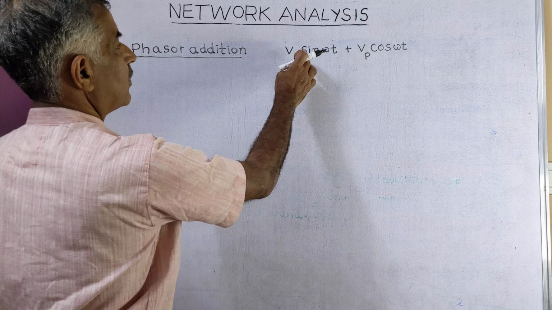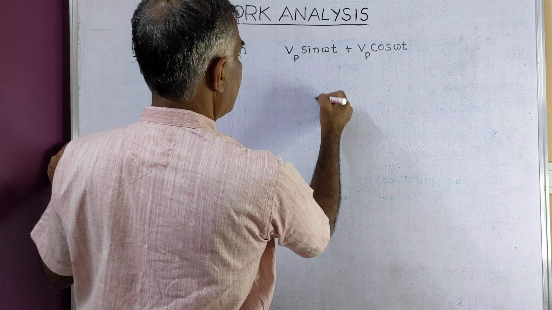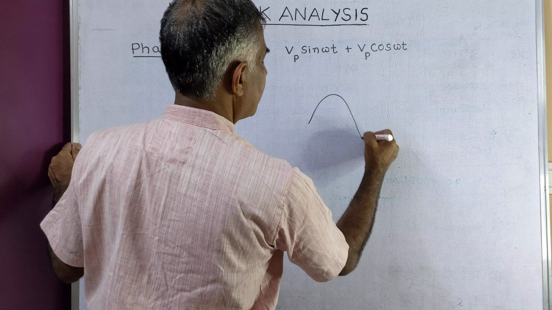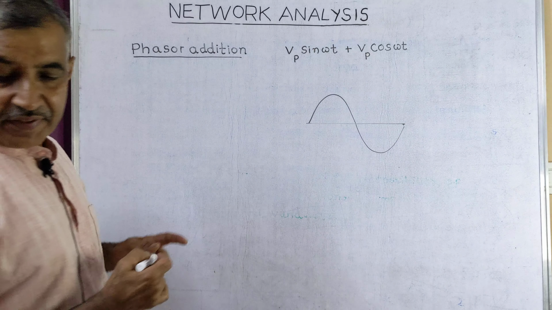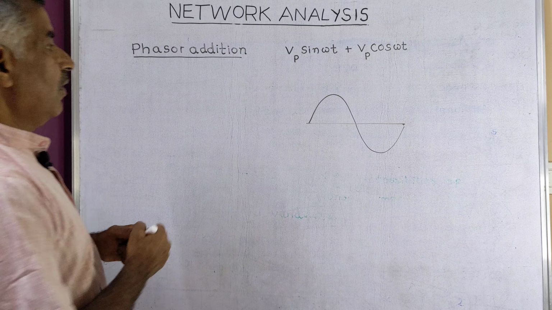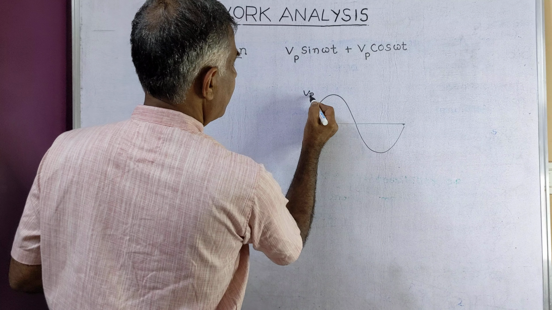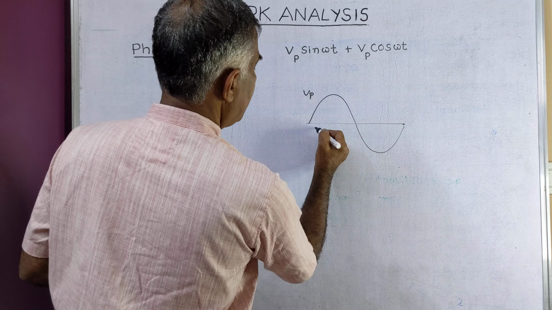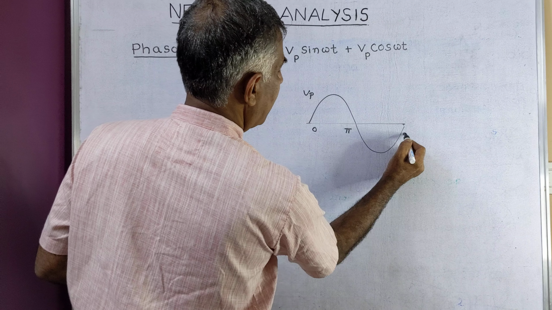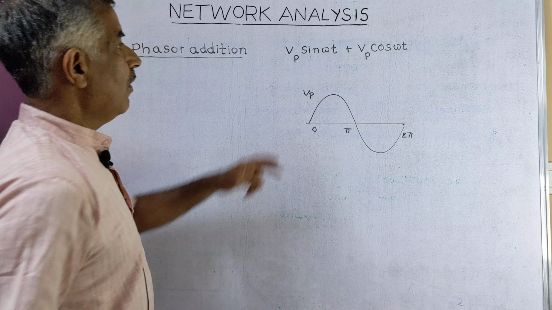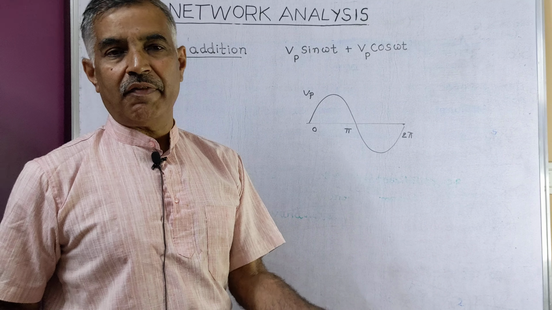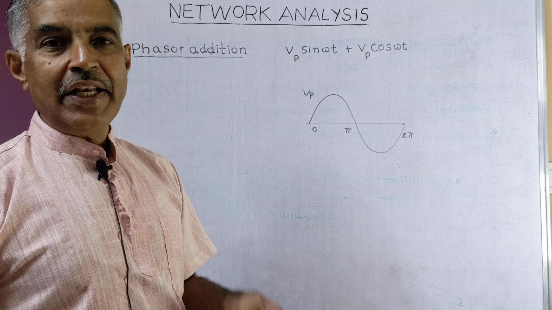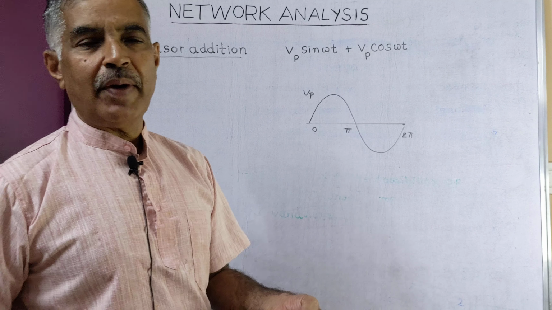So what is this Vp sin omega t? Vp sin omega t is a sine wave, is it not? This is Vp sin omega t, with points at 0, pi, 2 pi. Now Vp cos omega t. The cosine wave is ahead of the sine wave. You know that it leads the sine wave by 90 degrees. So how do you represent a cosine wave?